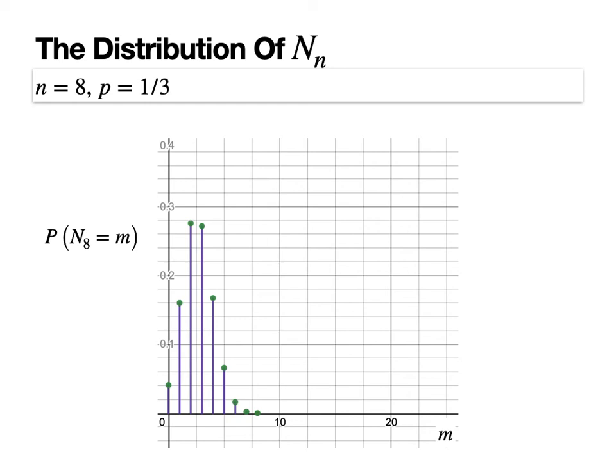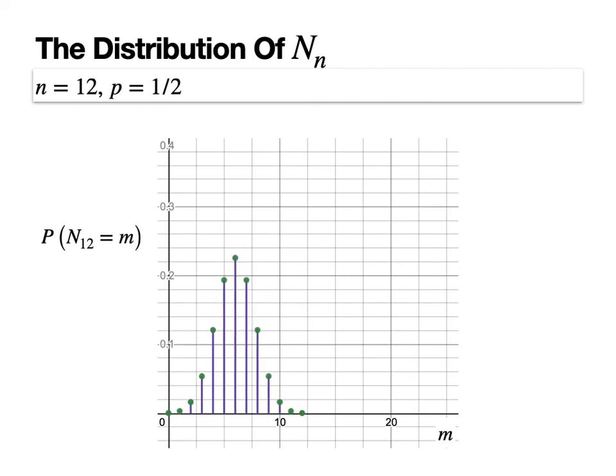You can see from the graph that when m is 0, the probability of drawing exactly 0 red balls in 8 trials looks like it's about 0.04. The probability that you would draw exactly one red ball looks about like it's 0.16, and so on. Here's the distribution when n equals 12 and p equals 1/2.